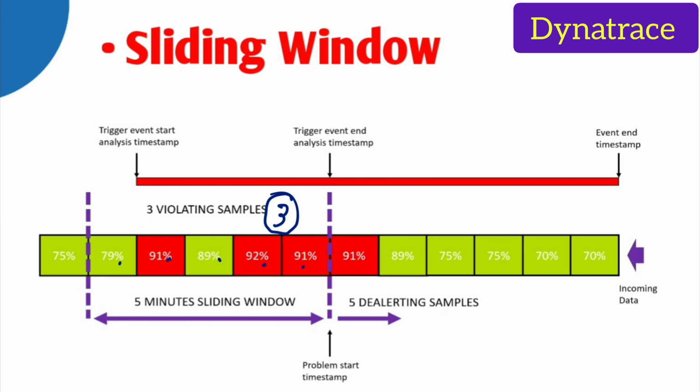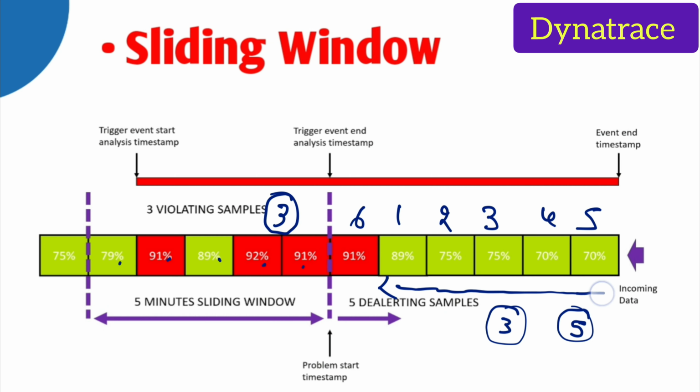Then how will it de-alert? For the de-alerting, it will check for 5 samples. For example, here you can see 1, 2, 3, 4, 5. So out of 6, if you include this one, it has been below the threshold value in this particular time frame. It means the last 5 samples are below the threshold value.